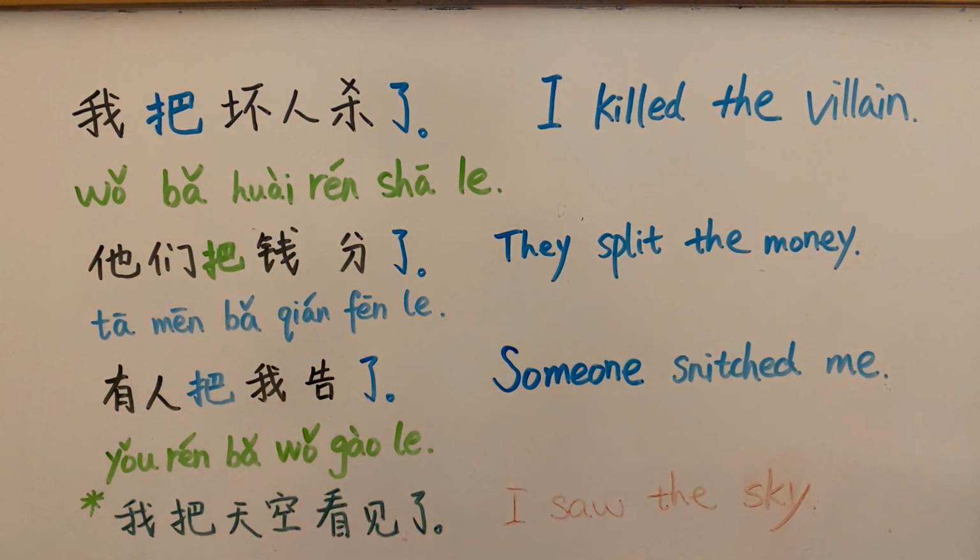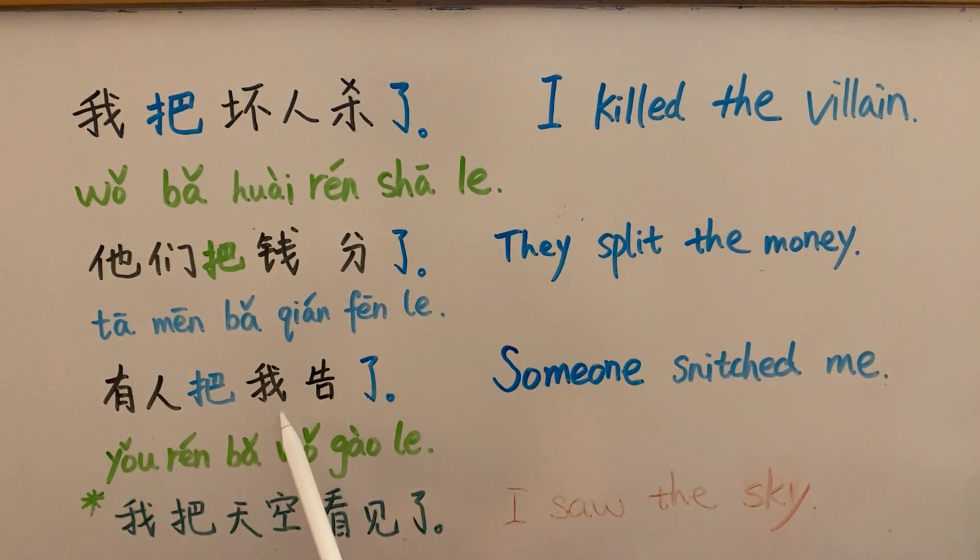It means to tell on someone, to snitch on somebody, to report something, not because you are obliged to do that, not because you are doing the right thing. 告了 means he's doing an immoral thing or something bad. 有人把我告了, someone snitched on me, someone told on me. 了 is the past tense suffix, the inflection of the verb 告. Or we can use the present perfect to translate the sentence.